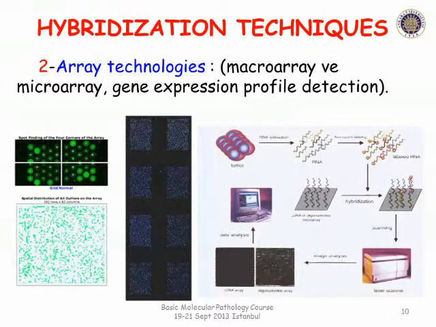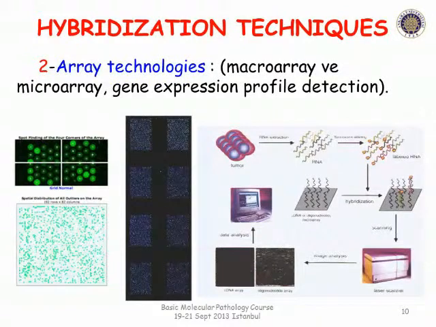The array technologies are the reverse of this. So what is it? In the array technologies, your probes are fixed on a platform. It could either be a glass platform or another platform. Then you apply your target DNA or RNA to these platforms, and you get the hybridization results.